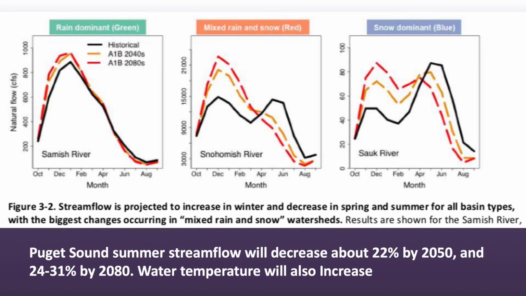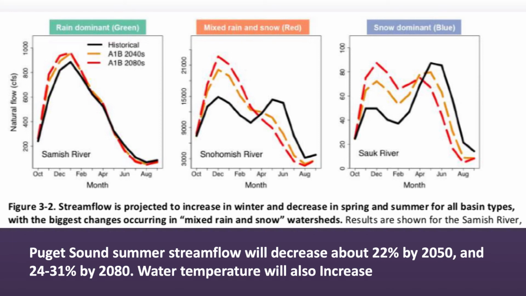This also relates to the water supply in the Puget Sound area. You can see that the rivers that supply a lot of our water to these areas vary depending on where that water comes from. If it's a river that is coming from rain-dominant areas, we don't see a huge difference. We just see an increase in winter rain that is partially due to that general increase in precipitation that we'd expect to see.